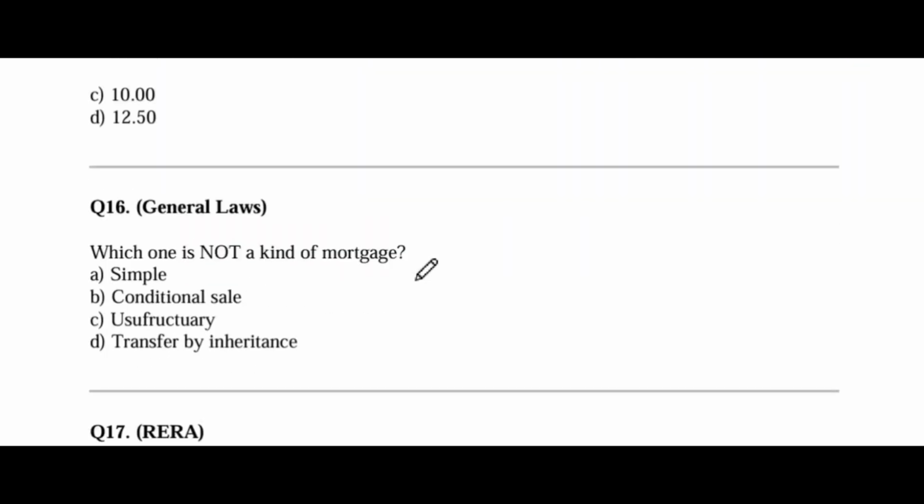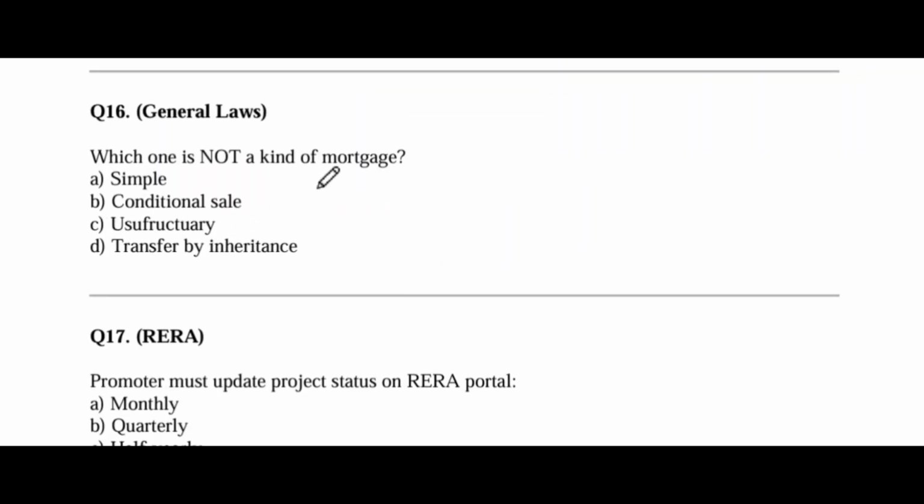So the next question will be, which is not a kind of mortgage? Simple mortgage, conditional sale, usufructuary, transfer by inheritance. Transfer by inheritance. The simple mortgage is actually a type of mortgage where the borrower binds himself personally to pay.